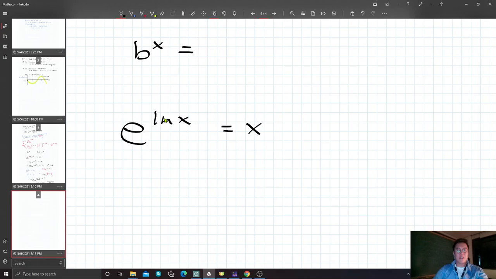By definition of the natural logarithm, that is the inverse function of the natural exponential function. So these two are cancelled and we are left with x. So I can rewrite this b to the power x as e to the power ln of b to the power x.